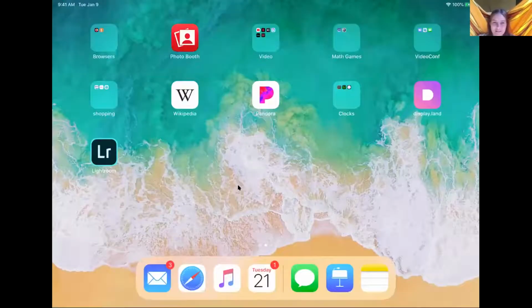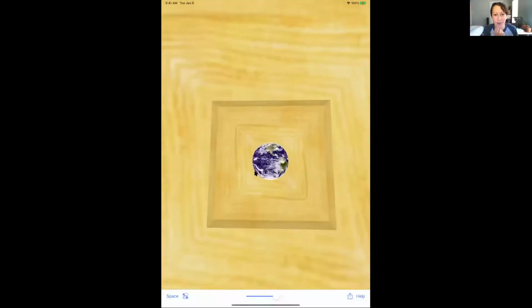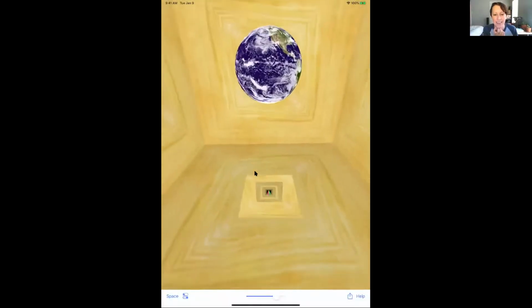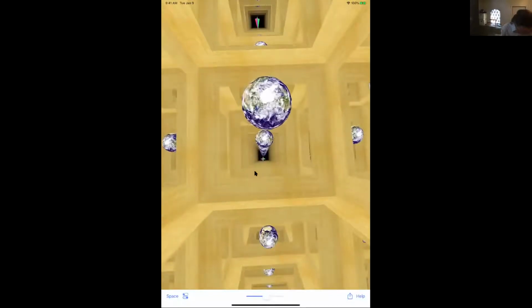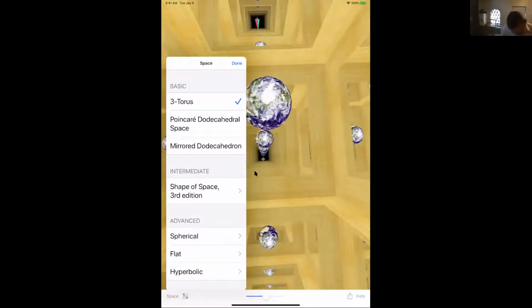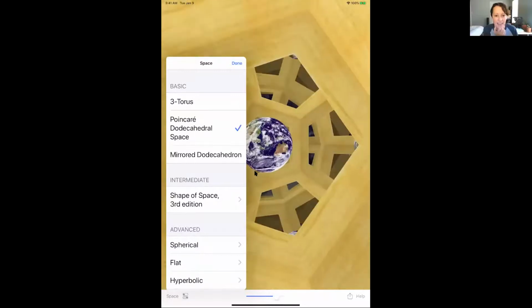Or at least. Oh, I want to play math games. Wait a minute. Oh, yeah, those are fun. There's the earth in hyperbolic geometry. No, that's Euclidean geometry. Let's see. Space.